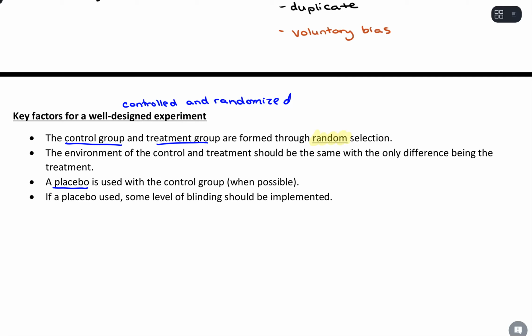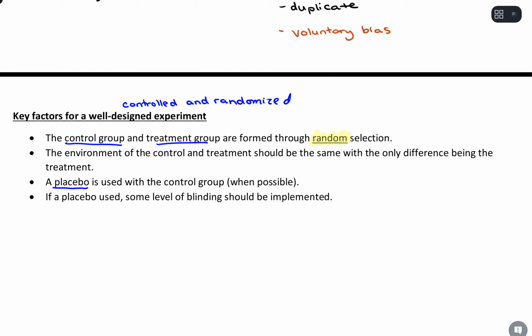You can't do a placebo with that. You either have the surgery or you don't have the surgery. You can't have a fake surgery. I'm pretty sure that's illegal. I at least hope it is, that you shouldn't give people a fake surgery that doesn't actually do anything. So placebos, use them when you can.